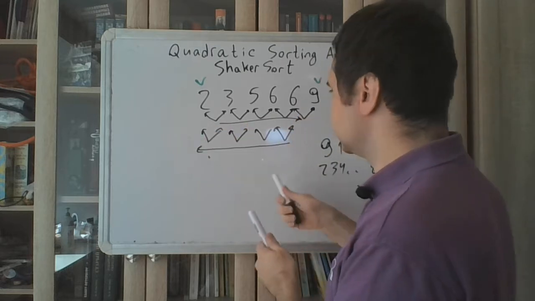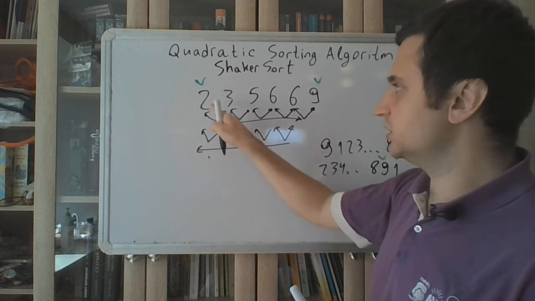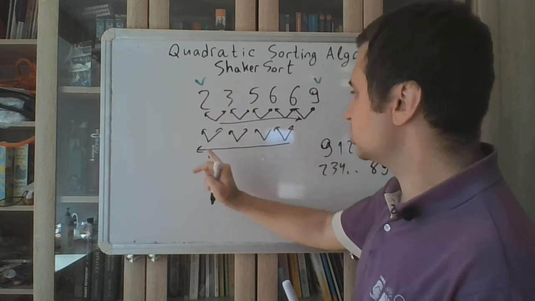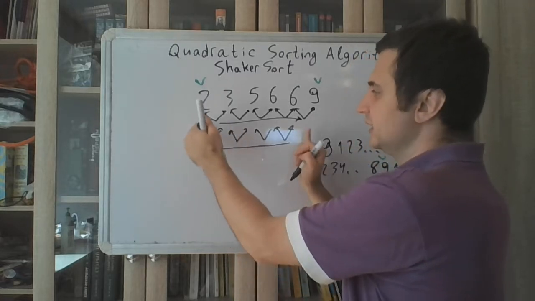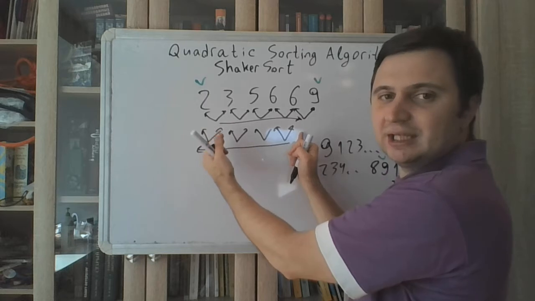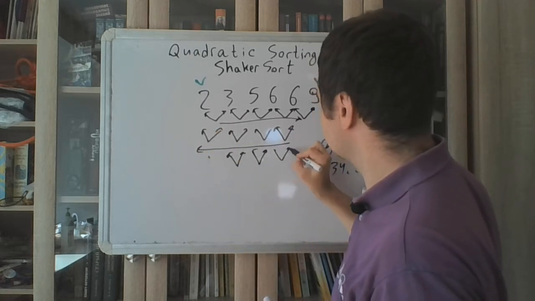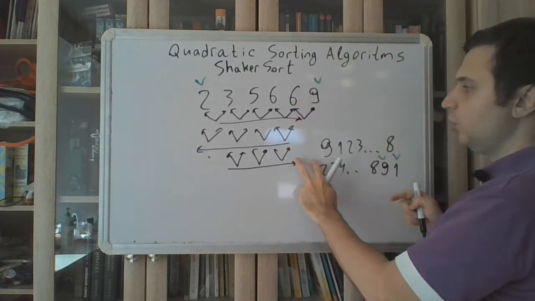So what comparisons are to be done? We don't need to do this comparison because the minimum element is already at its perfect position. So we shorten our set of comparisons by 1 position on the left. And we do this comparison, and this comparison left to right. Do we have to do this comparison? Of course not.